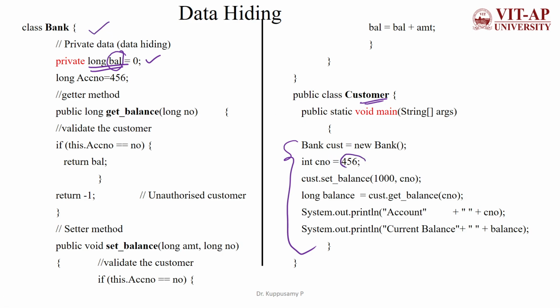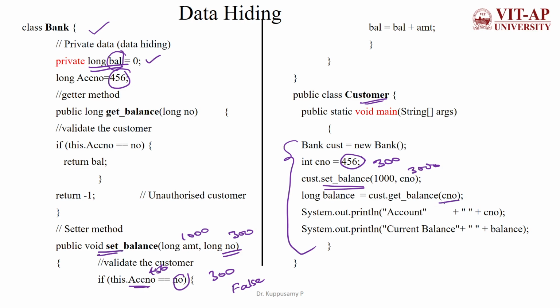Suppose you pass a different customer number, 300, and call the setter method with 1000 comma 300. The amount 1000 and the number 300 are passed, but the account number is 456, so both are not equal and the condition becomes false. Then it comes out of the setter method.